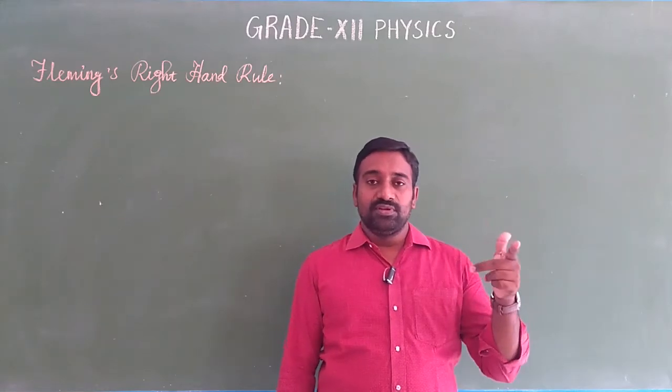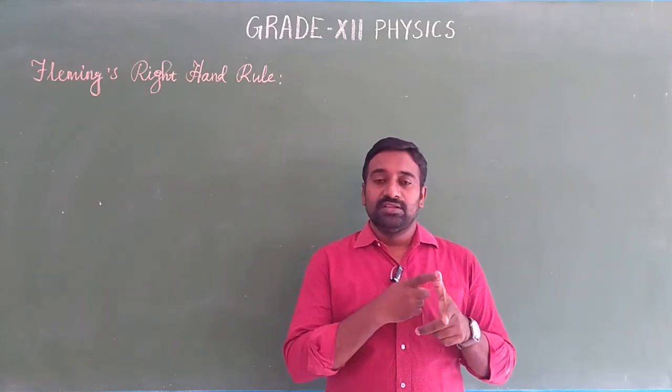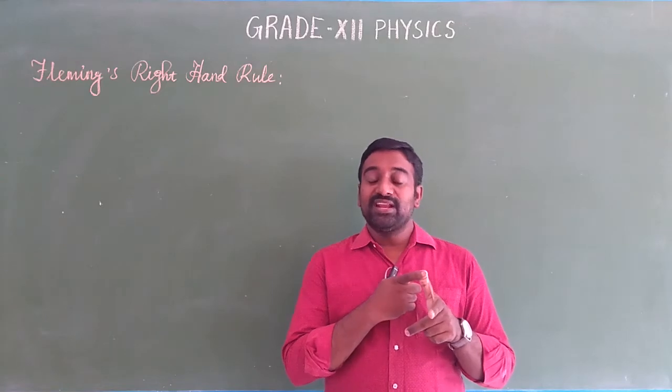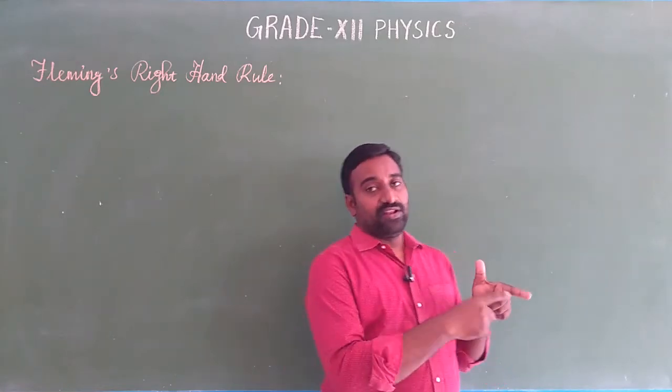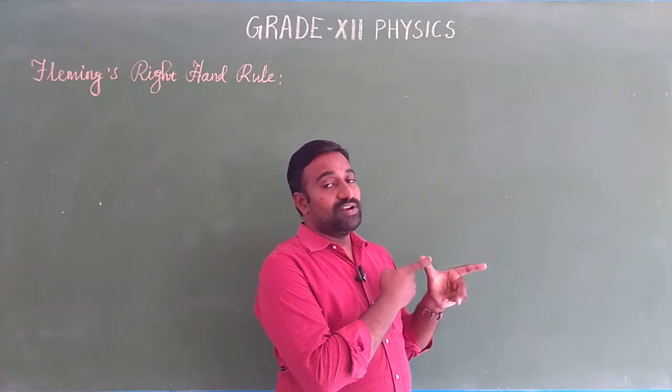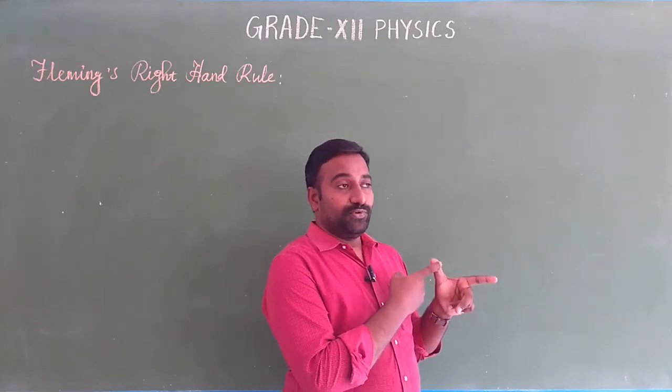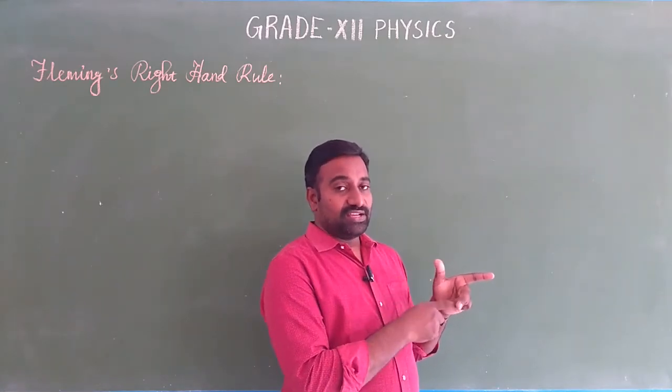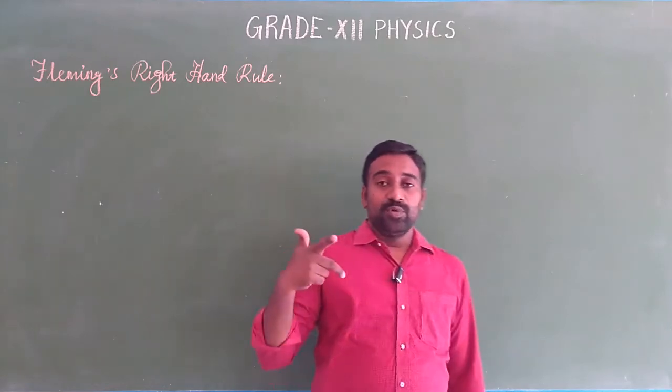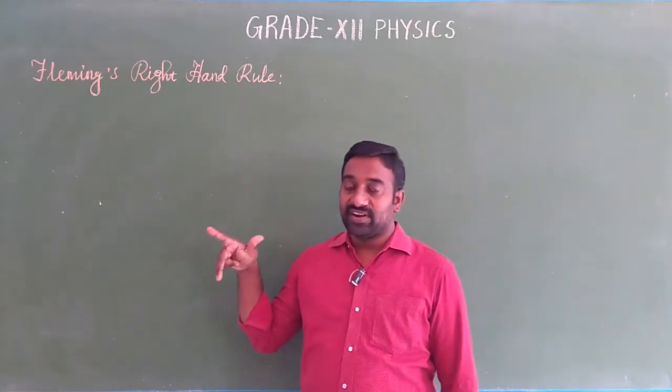Already the left hand rule is used to verify the force on a current carrying conductor when it is placed in a magnetic field. Now we are going to verify Fleming's right hand rule.